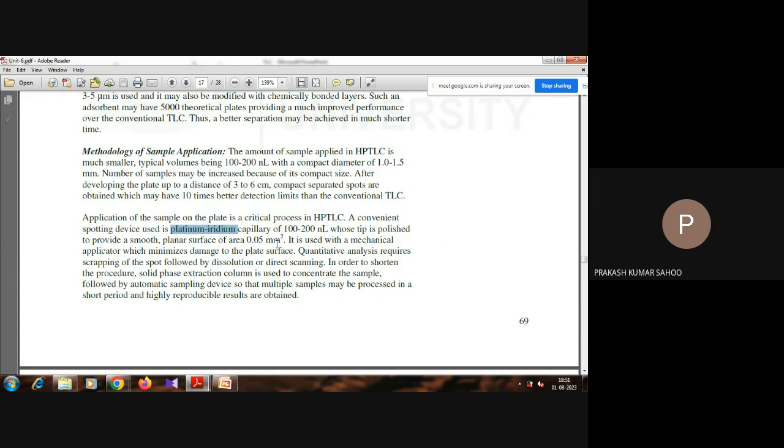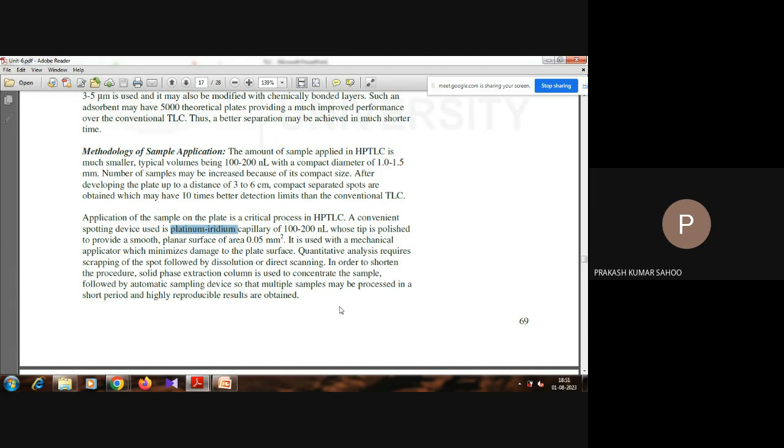That means the mouth of the capillary is so polished that it provides a smooth and planar surface. It is so small. It is used with a mechanical applicator, which minimizes damage to the plate surface.